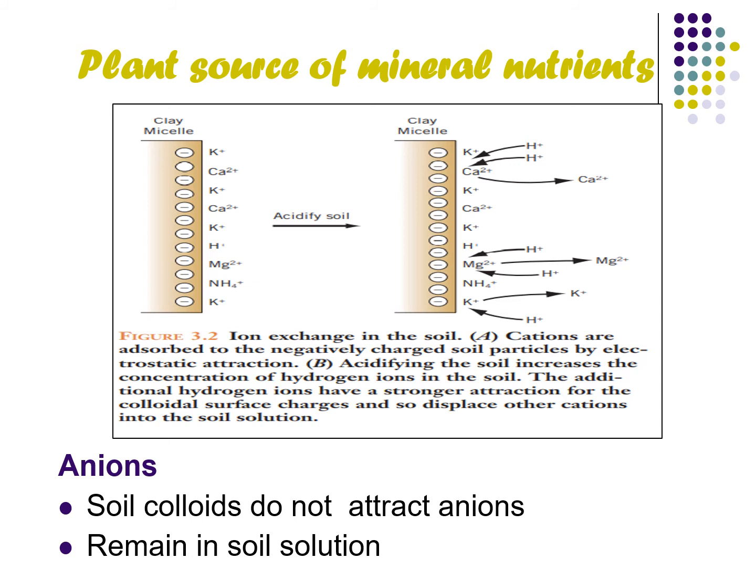Anions are not attracted to the soil colloids, so they remain in soil solution. They tend to leach out of soil and find their way into streams and lakes, where they contribute to problems of eutrophication by stimulating growth of algae.